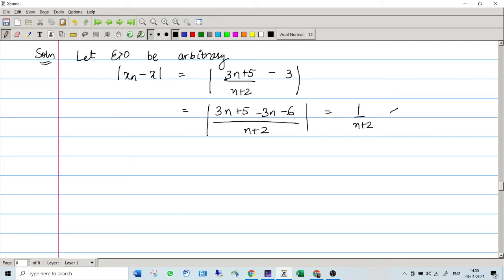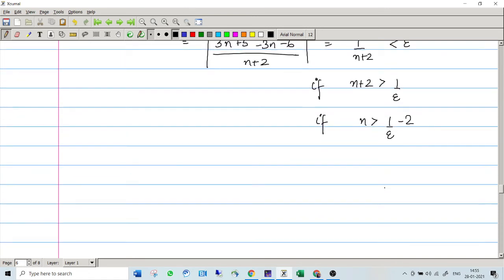And this will be less than epsilon if n plus 2 is greater than 1 by epsilon, or if n is greater than 1 by epsilon minus 2, right? So you're able to find some natural number.